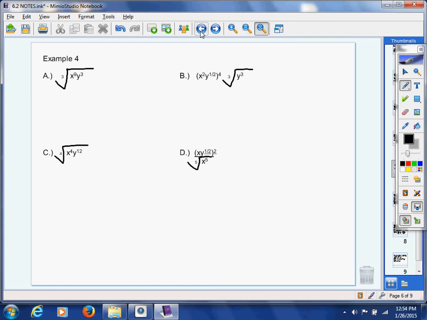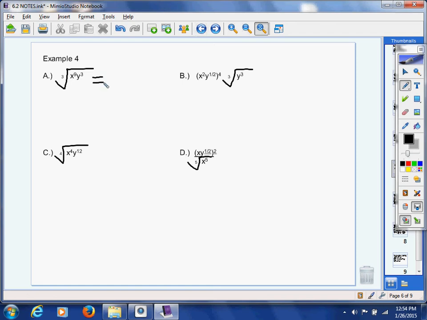We've got the cube root of x to the ninth, y to the third. Well, you're not going to be able to do that in a calculator, so we need to rewrite it. Maybe we can do some simplification using some of our exponent rules. So let's rewrite the radical so that it's not a radical anymore, it's actually a fractional exponent.